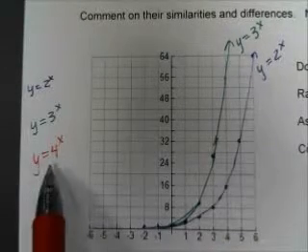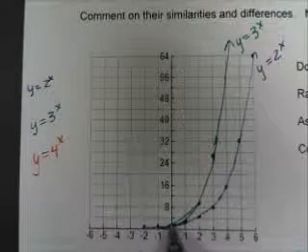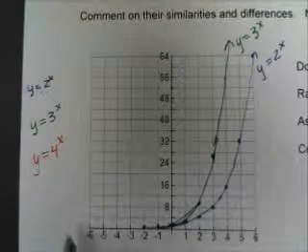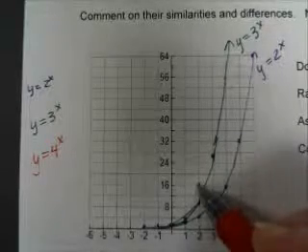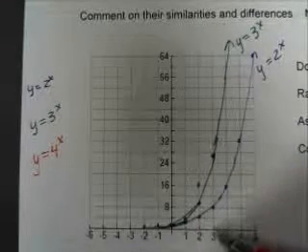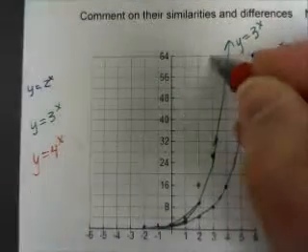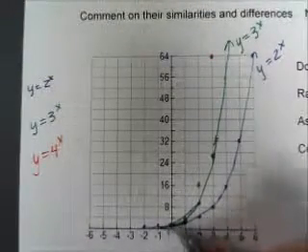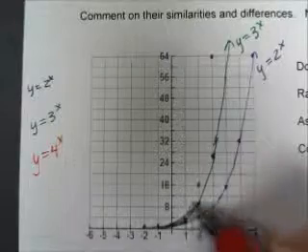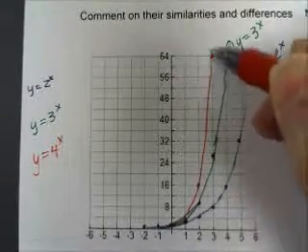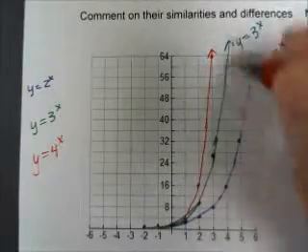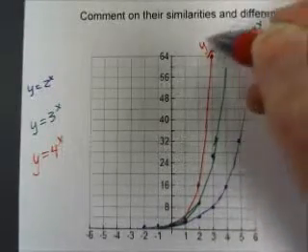If I put 0 in, 4 to the 0 is 1. Put in 1. 4 to the first is 4. Put 2 in for x. 4 to the second, or 4 squared, is 16. 3 in for x. 4 to the third is 64. Well, that was quick and easy. Short and simple there. Connect these. And label it. Y equals 4 to the x.